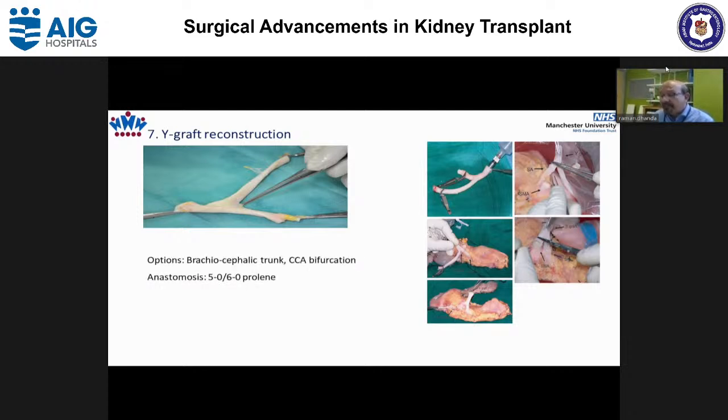So for the anastomosis, again, it's entirely your technique you're familiar with or comfortable with. But I use double quadrant technique for SMA anastomosis with 5-0 prolene and internal iliac artery with 6-0 prolene.